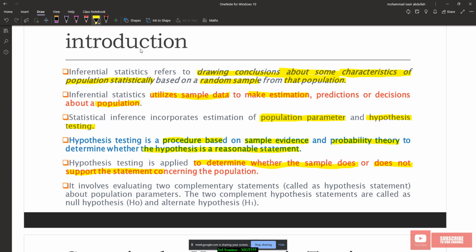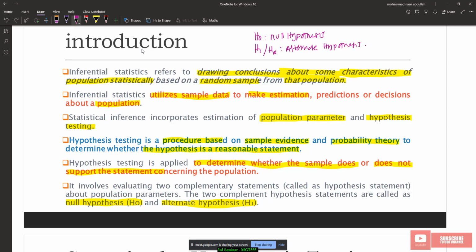The first statement is the null hypothesis, which is H null. Another one is the alternate hypothesis, which is H1 or HA. Sometimes we say H null will represent the null hypothesis, and H1, or in other books HA, will represent the alternate hypothesis.